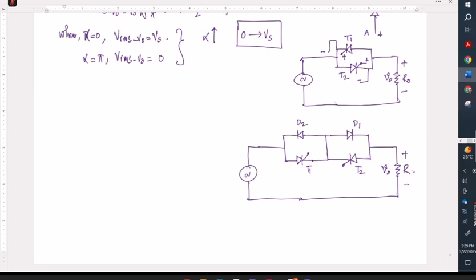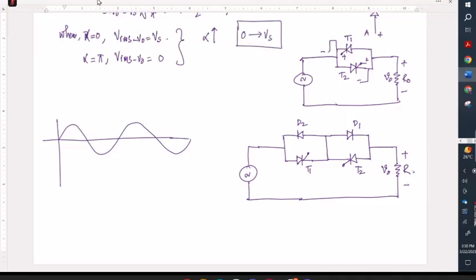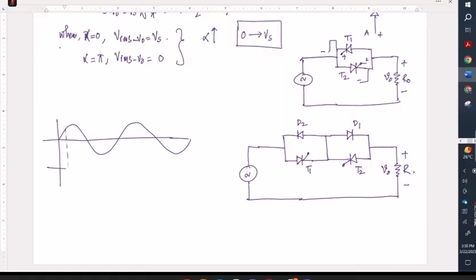So what will happen? Suppose we are providing a positive signal like this. If I draw the waveform, suppose this is a purely sinusoidal waveform, and we are providing a gate pulse here.